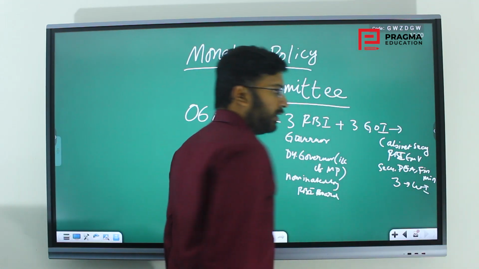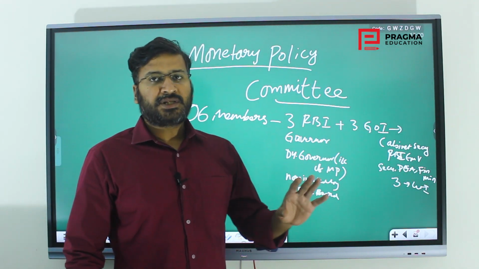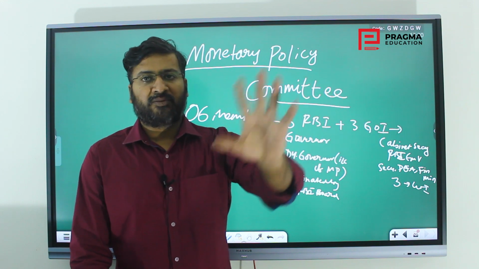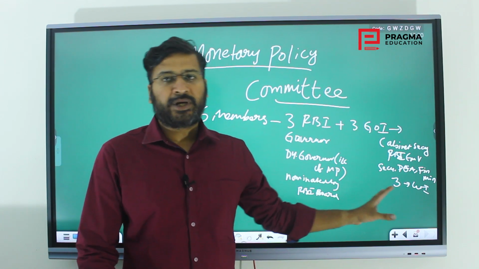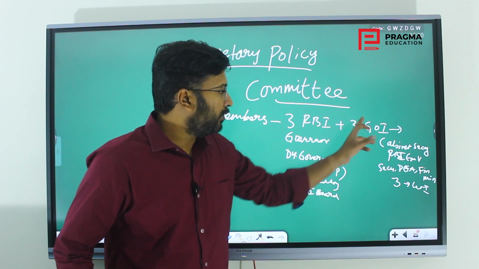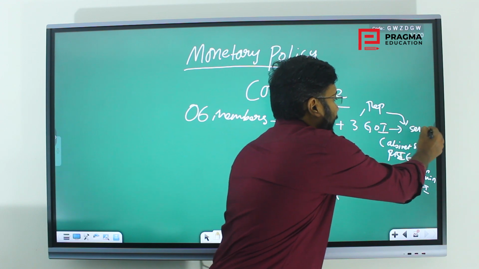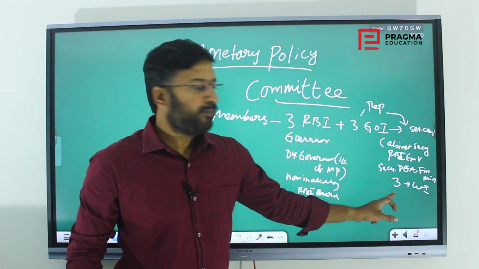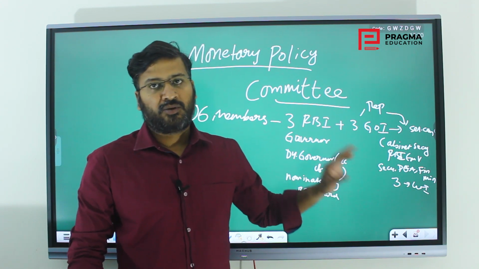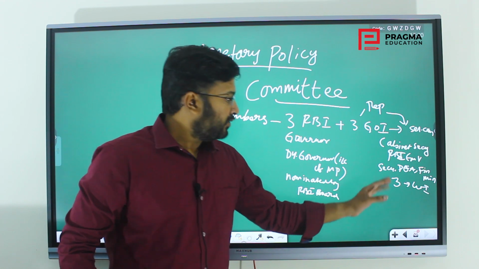Remember, representatives means they are selected by a committee. Nominated means we will say these 3 people will go. That is nomination. There won't be any voting or a committee to decide on that. But to decide these representatives, there is a selection committee. So in that committee, we have 3 experts from banking and economy who are nominated by the Government of India. Look at the difference. Don't get confused. Okay, so these are the 3 people.